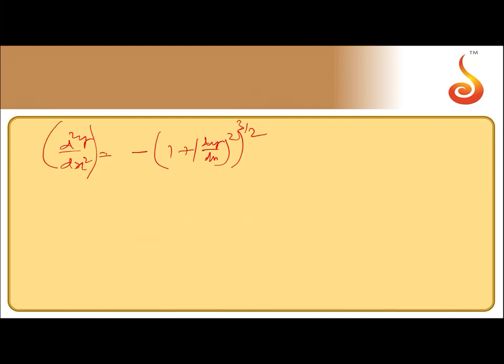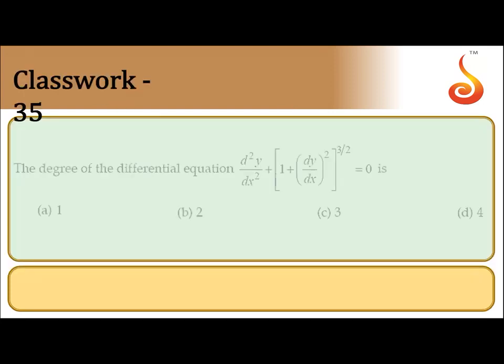Now to eliminate this one, we take square on both sides, so the fractional powers have been removed. Now in this differential equation, the highest order is second order, that is d square y by dx square, and its exponent is 2. So the answer for this degree is 2.